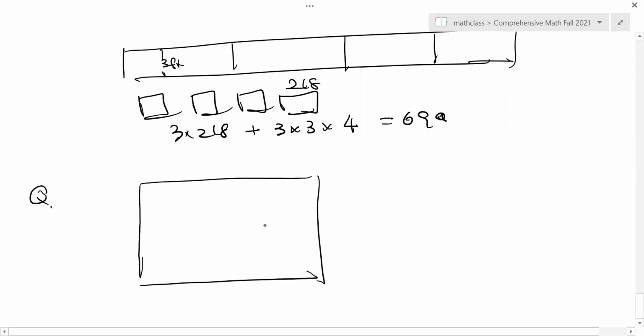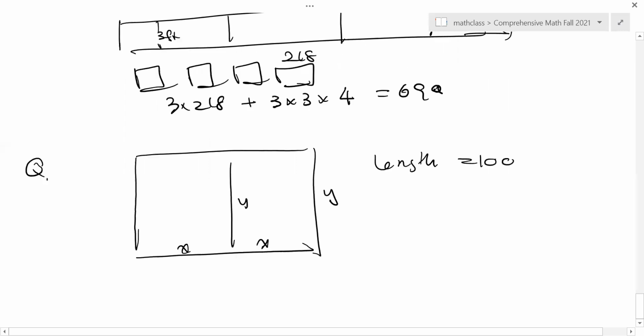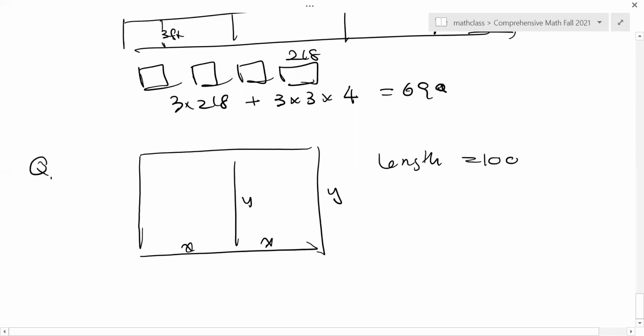I'm trying to make a vegetable garden. Okay, but I have to divide it into two equal parts. So the total length of the fence is going to be 100. Here's X, here's Y, it's a Y, that's X and X. I want to determine X and Y such that the total area of these 2 regions is maximum, okay?